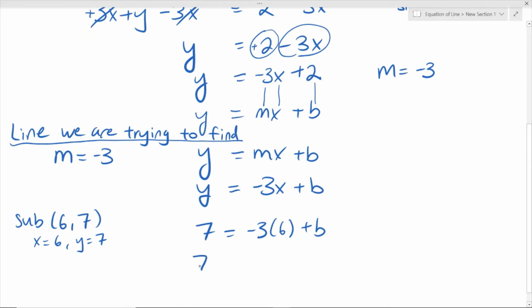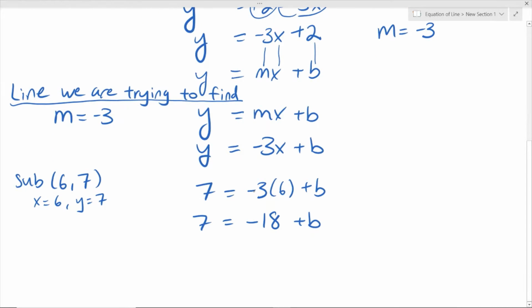So here it's 7 is equal to 3 times 6, which is 18, with the negative, so it's -18, plus b. Next we have to isolate for b. So here's -18, the opposite of negative is positive, so we're going to add 18 on both sides of this equation.